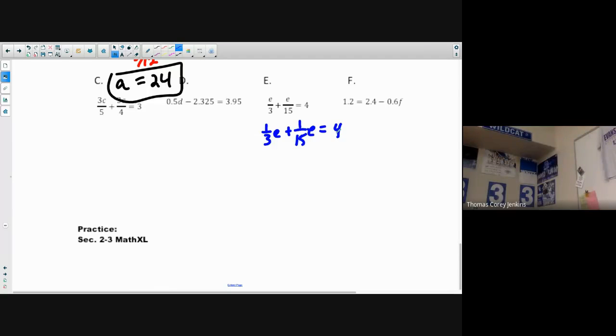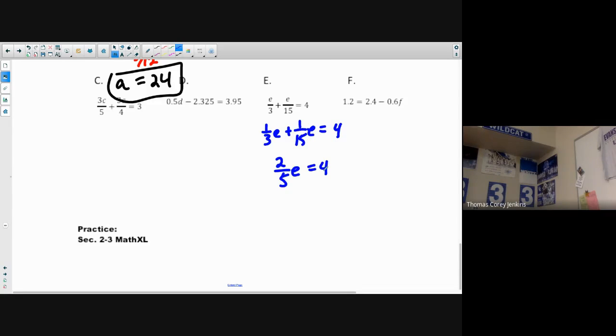All right, and in my calculator, I'm going to punch 1 ABC 3 plus 1 ABC 15. I know you guys at home can't see my calculator, but hopefully you can follow my words. And you get 2/5. So when we combine these two, we get 2/5 E equals 4.